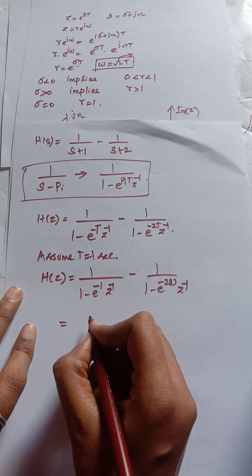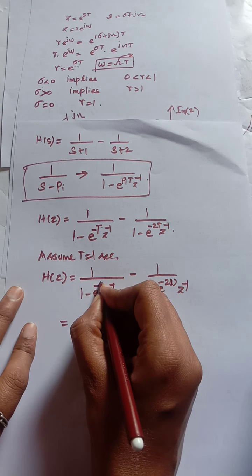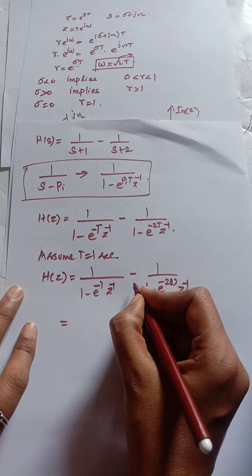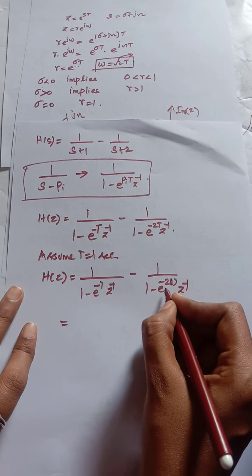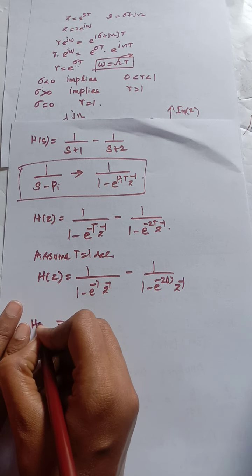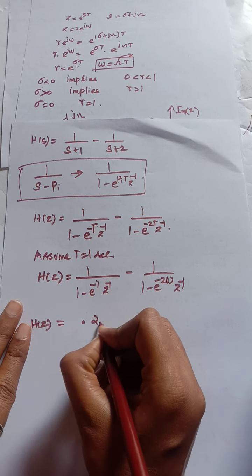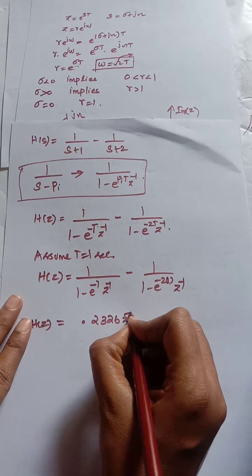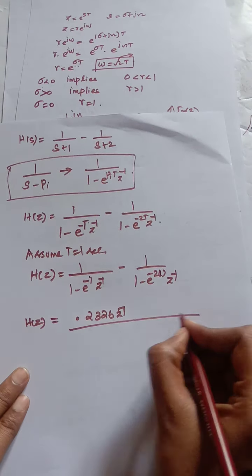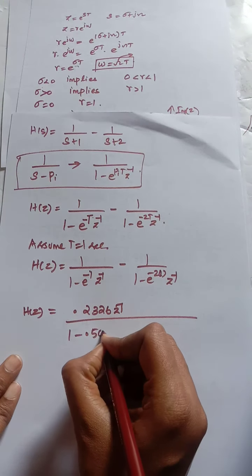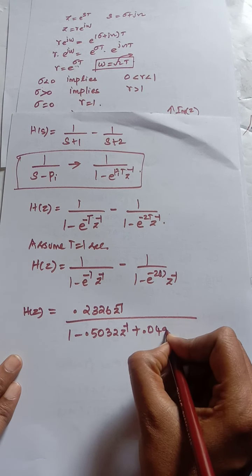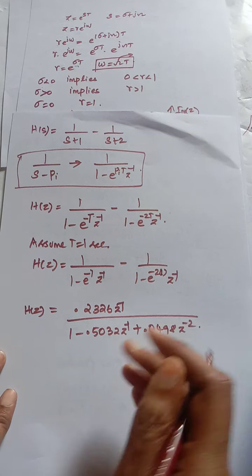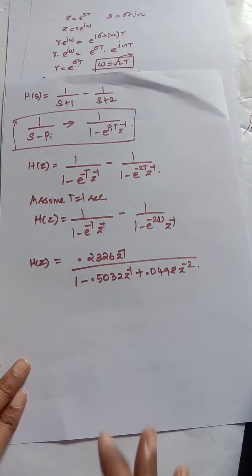What you will get is 0.2326 z inverse divided by 1 minus 0.5032 z inverse plus 0.0498 z power minus 2. So this is what you will get.